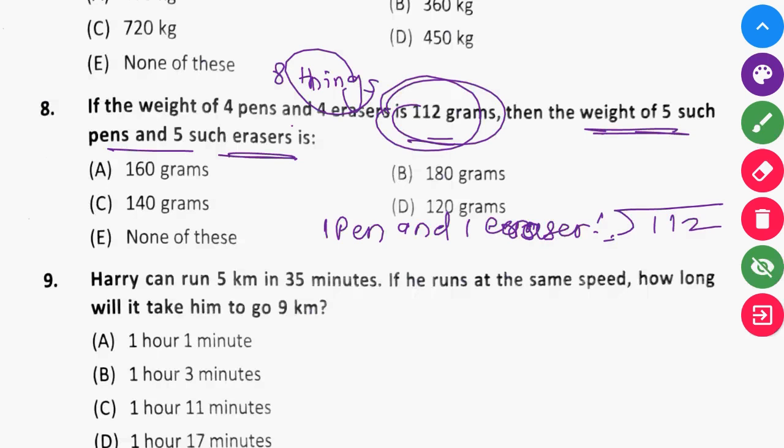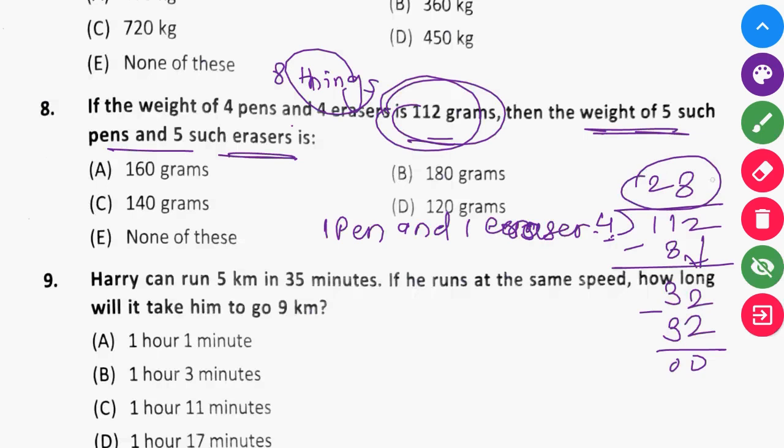So 1 pen and 1 eraser weigh 112 divided by 4. So 4 2s are 8. 3 will be the remainder. 2 will come down. 4 8s are 32. So our answer is 28 grams for one pen and one eraser.